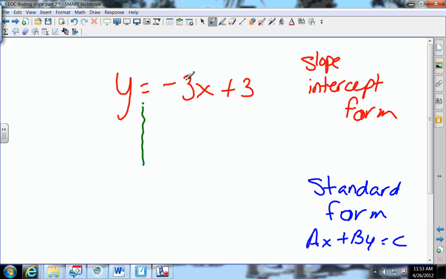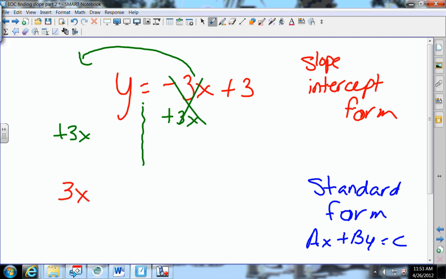We need to move this x. How do I move this 3x to the other side? What do I need to do? Can you just put it over there? No. I have to add 3x to each side. Well, these cancel out right over here. So now I have 3x plus y equals 3. There it is in standard form. Okay.